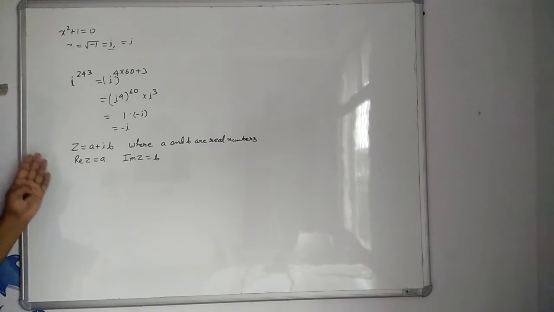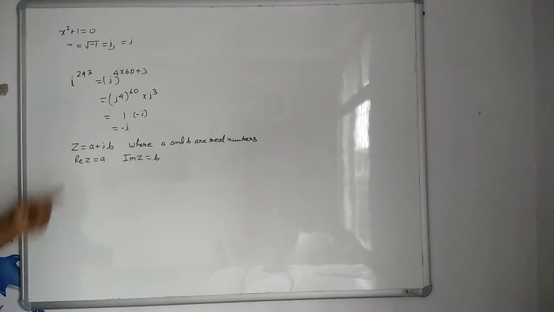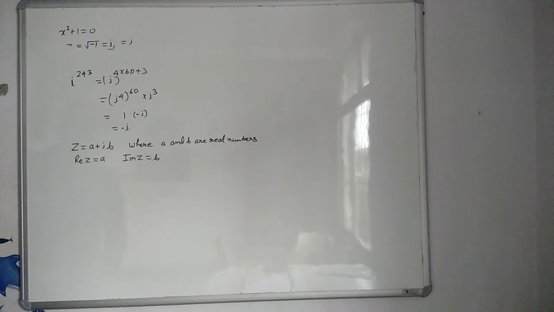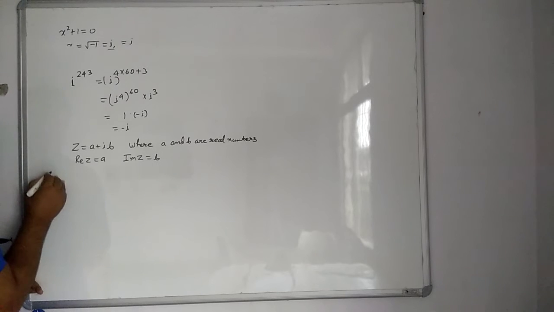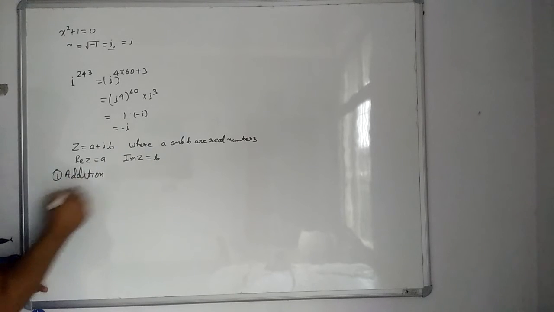So a complex number is a number in the form of a plus iota b, where a and b are real numbers. Real part of z is a, imaginary part of z is b. Now after the introduction of complex numbers, we will proceed further to the algebra of complex numbers. In algebra of complex numbers, the first thing is addition of two complex numbers. How to add two complex numbers?